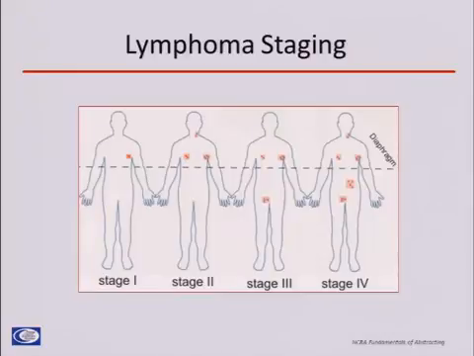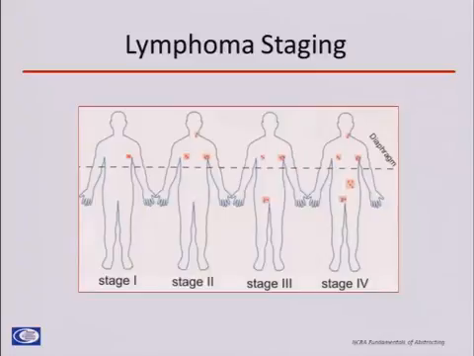Because what we're looking at is one nodal area is localized, or stage 1. Or if just your tonsils, it's extranodal. It's stage 1E, extranodal. Just your tonsils are involved. A stage 2 has 2 nodal areas involved. And it can be both sides of your neck or both sides of your armpits, because each one of them is a separate nodal area because it drains a separate part of the body.